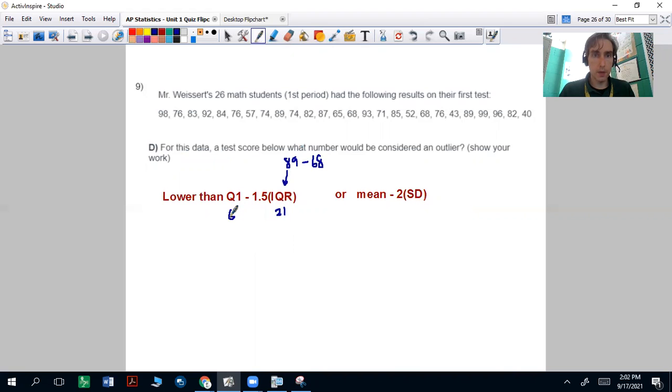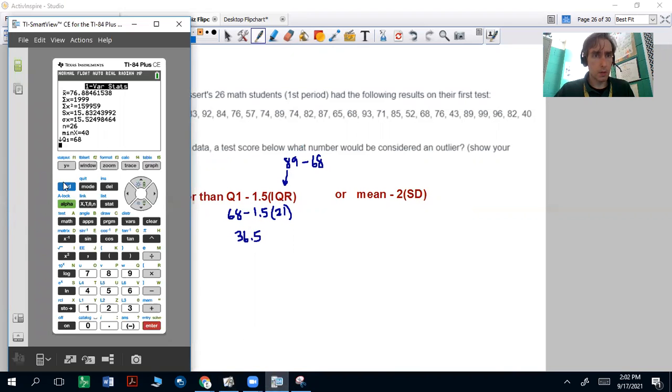So lower than 68 minus 1.5 times 21. And that ends up being 36.5. Double check that math. So anything lower than a 36.5%.